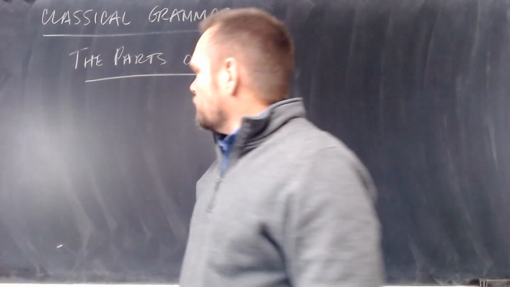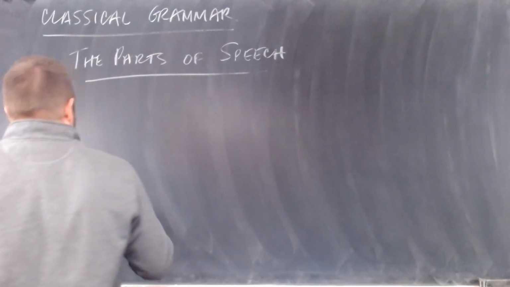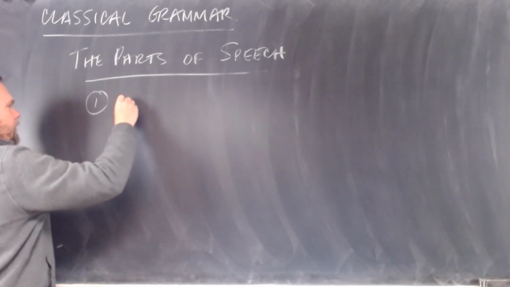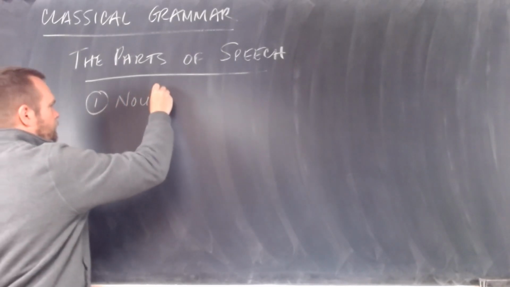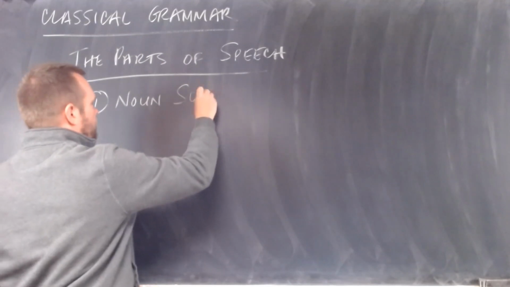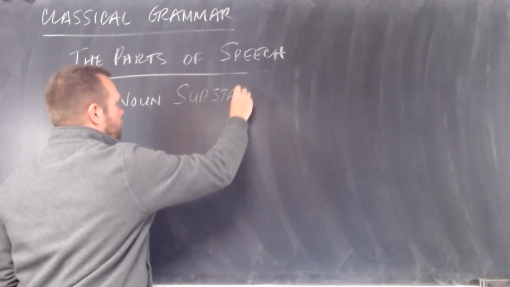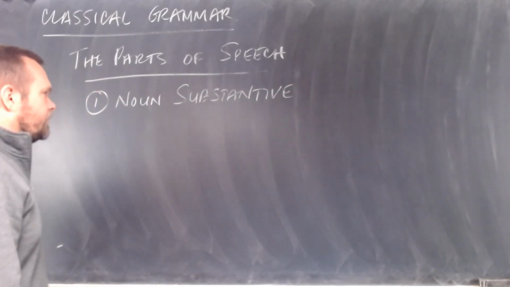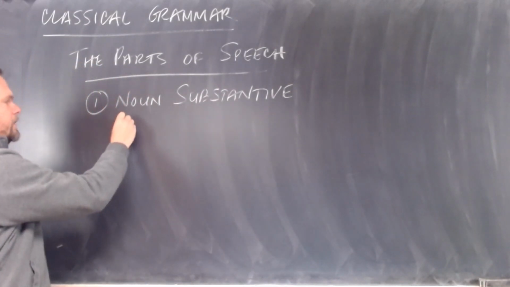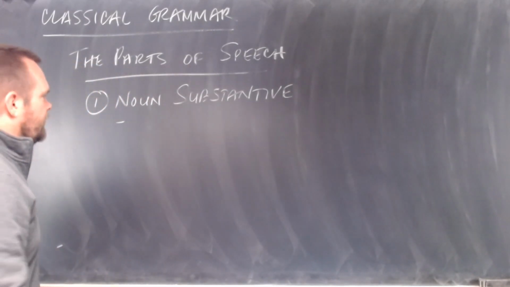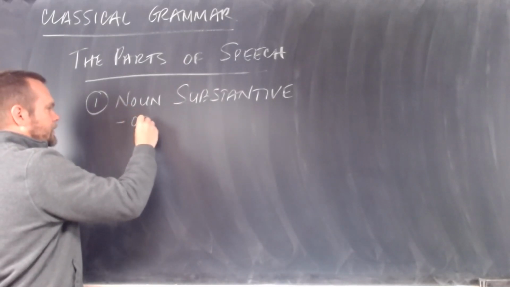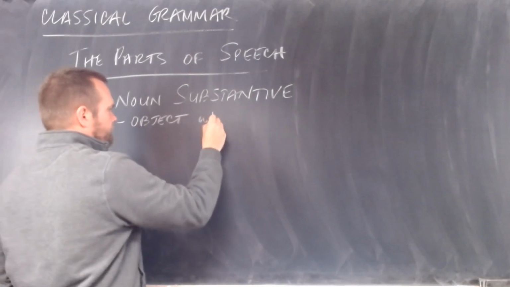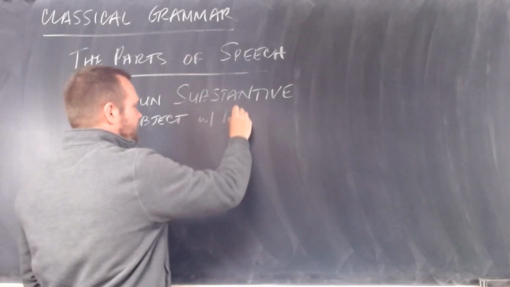So the first part of speech that we come across is called a noun substantive. And we see that the key words in the description of a noun substantive are object with independent existence.